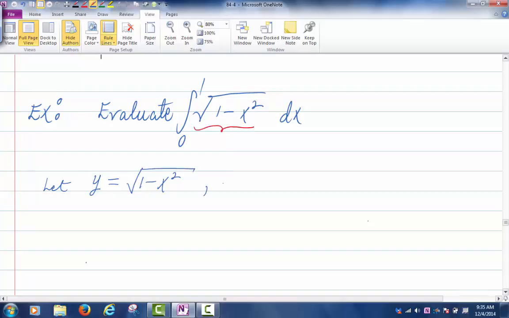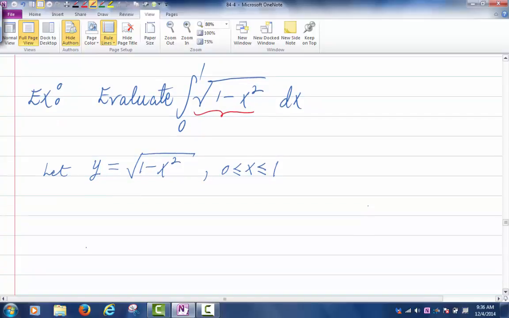and so can someone tell me? So here x is between 0 and 1, right? That's my integrand function. What is the graph of this function? Anybody remembers? Well, let's do some more work then.